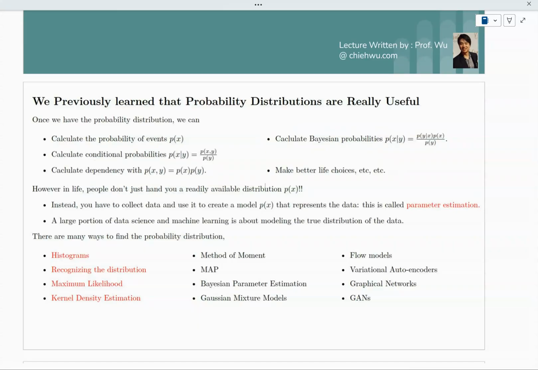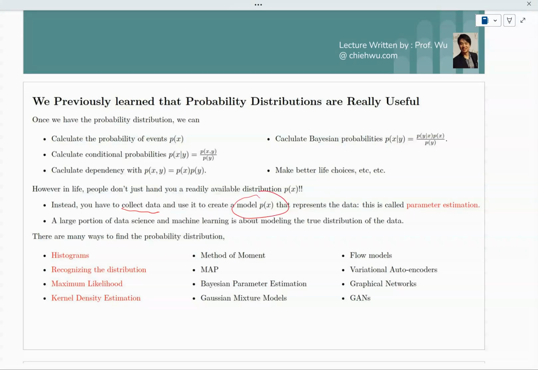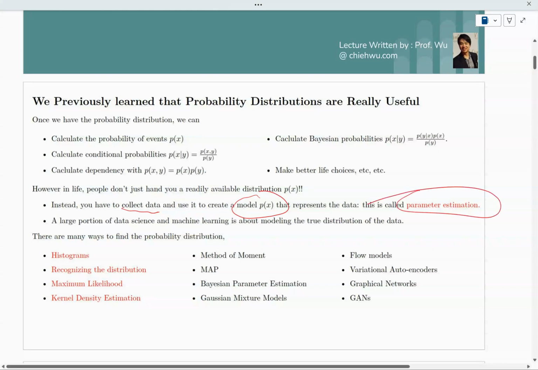However, in life, people don't just readily hand you a probability distribution. Instead, what you have to do is collect data and essentially use the data to create your own model of a probability distribution, which is called parameter estimation.